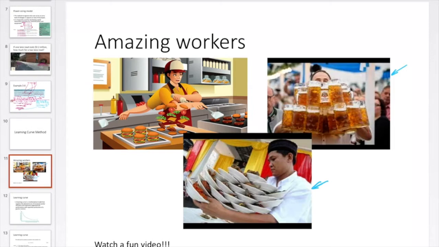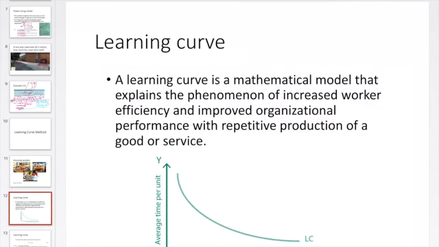But all of this looks so amazing, but behind that, you have to practice a lot. And this phenomenon can be described by this learning curve. So the learning curve is a mathematical model that explains the phenomenon of increased worker efficiency and improved organizational performance with repetitive production of a good or service.